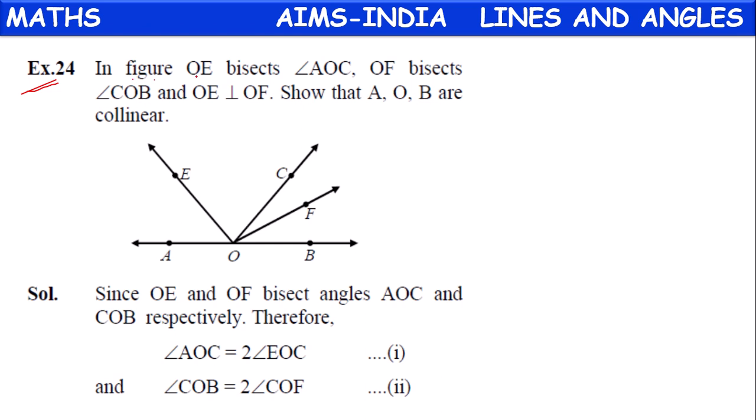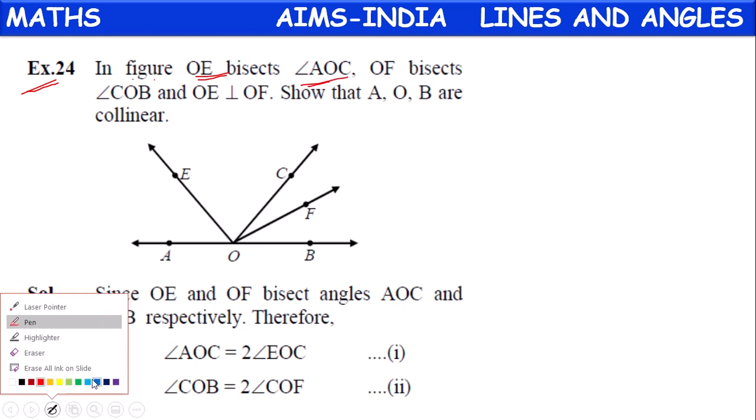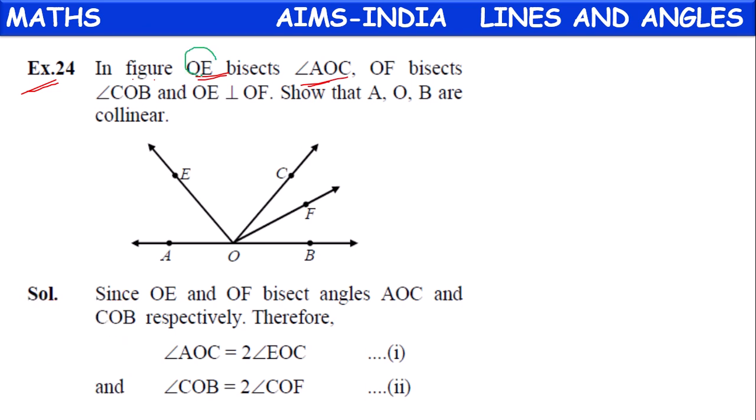So in the figure, OE bisects angle AOC. The ray OE bisects angle AOC, which means this part will be equal to this part.